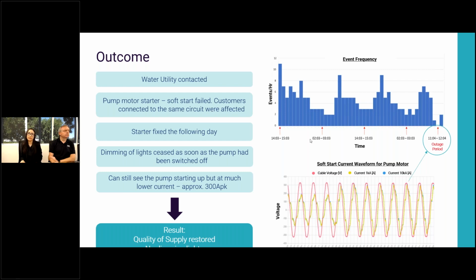We also can see that after it got fixed, the pump still starts up, but at a much lower current, a current variation that the human eye cannot detect. At this point, the consumers were extremely happy, and the quality of supply was restored, with no dimming lights.